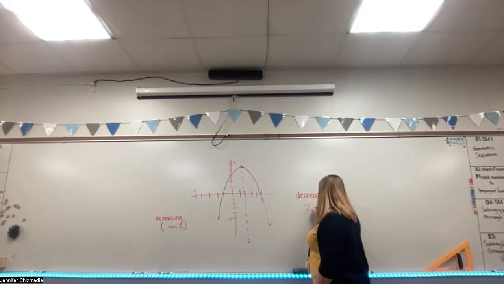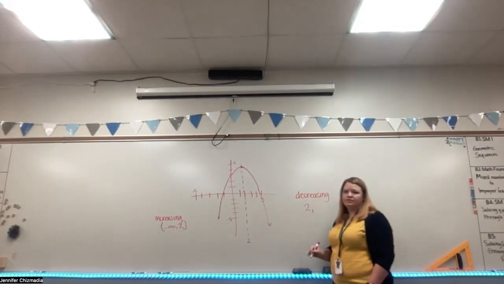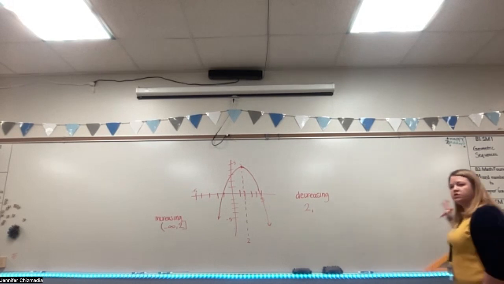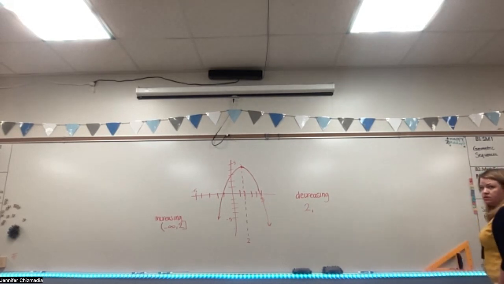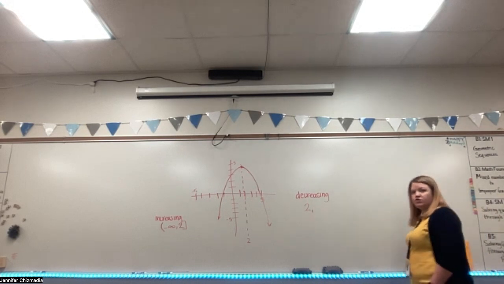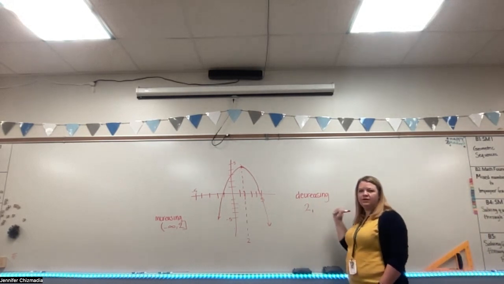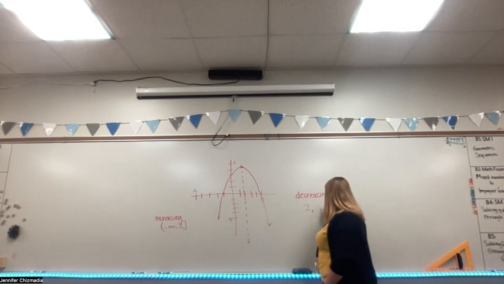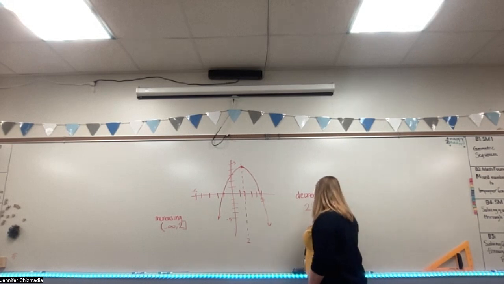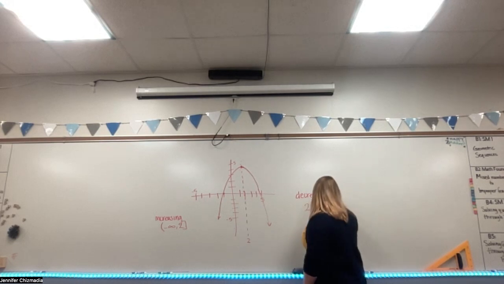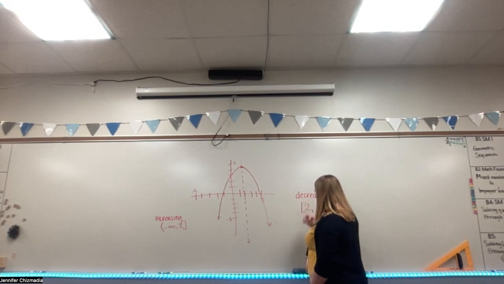When does it stop decreasing? Negative infinity. That would be the Y value, but we're looking at the horizontal. If we're still traveling this way but going down, what's our X value gonna be that way? Infinity. Okay, can we include infinity? No. There's always gonna be one more. Can we include the 2? Yes.